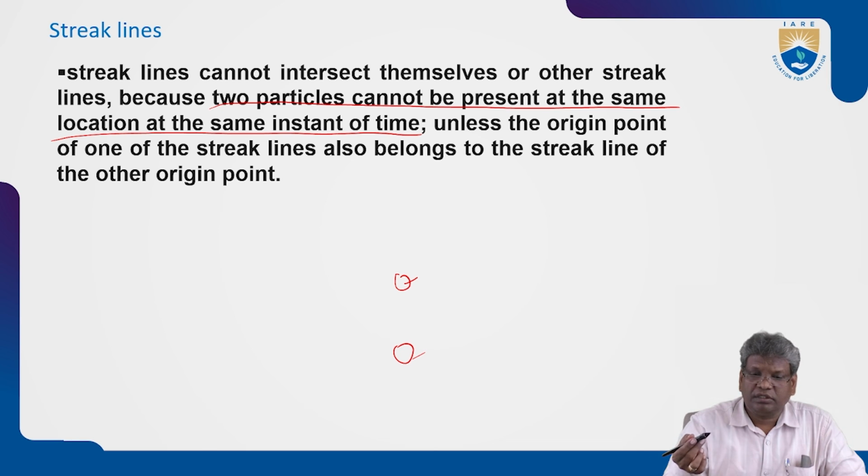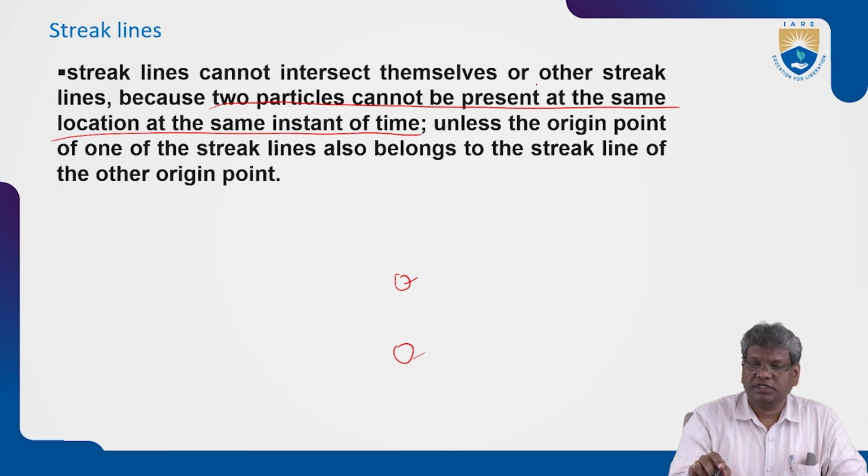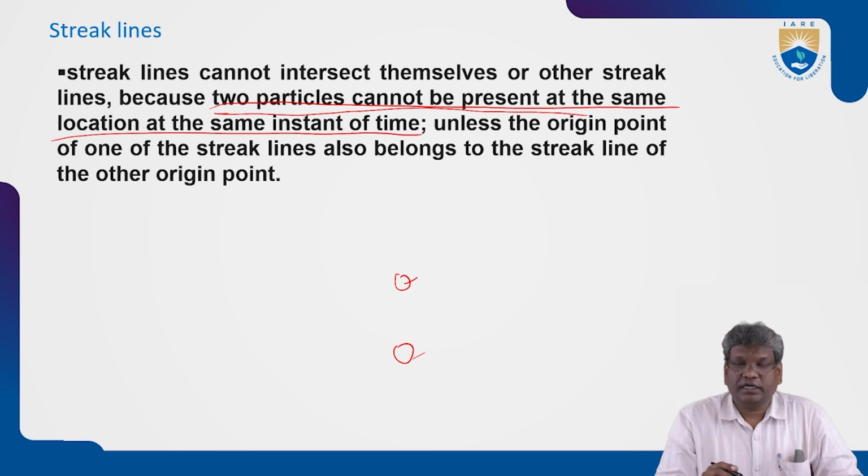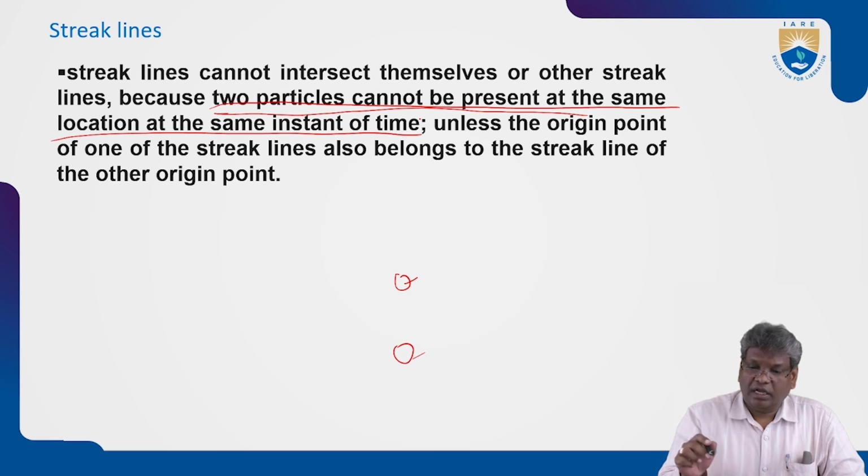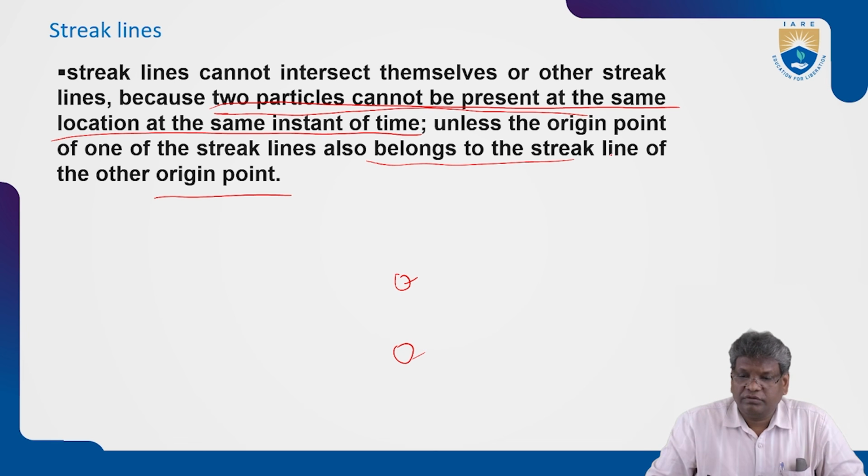So streak lines cannot intersect, unless the origin point of one streak line also belongs to the streak line of the other origin point. Only when the origin point is the same can we have the same streak line.